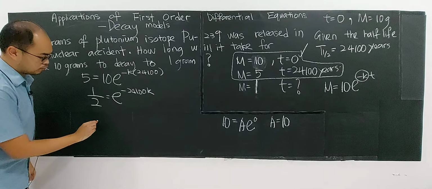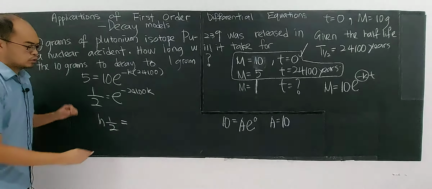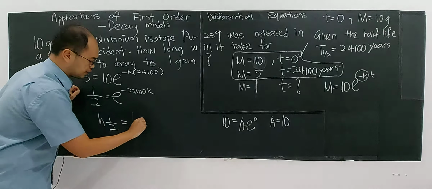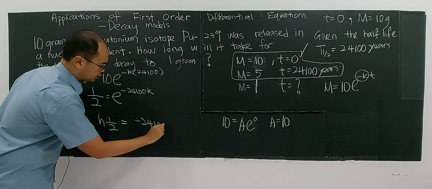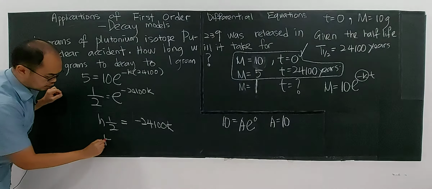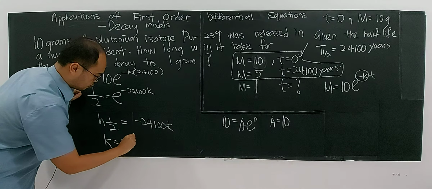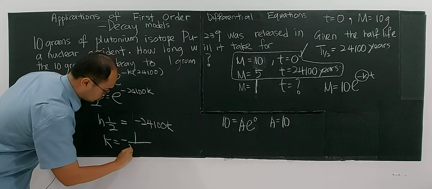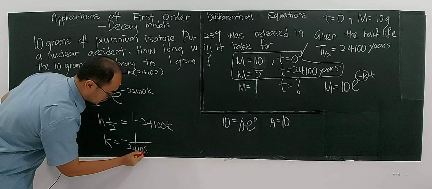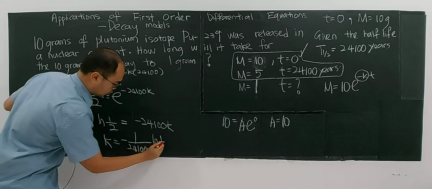By putting ln on both sides, we have ln 1 over 2, and ln e becomes 1, and you bring over 24,100 k. Solving this, we get k to be negative 1 over 24,100 ln 1 over 2.